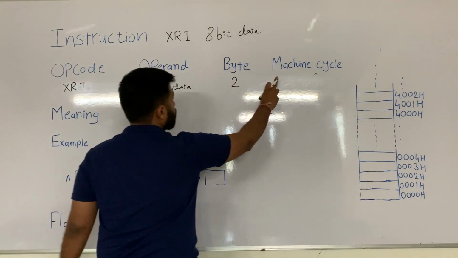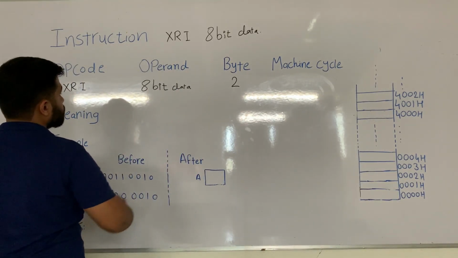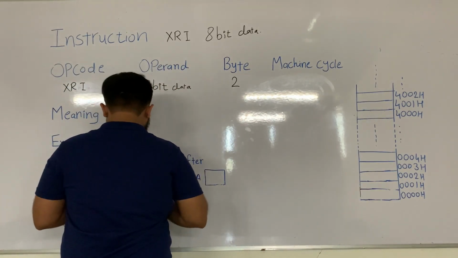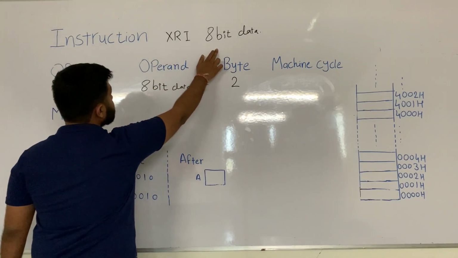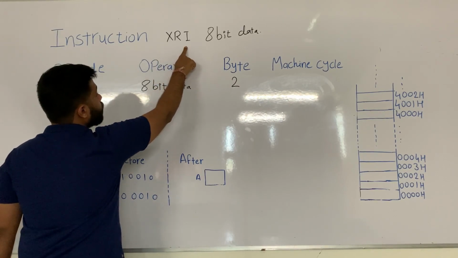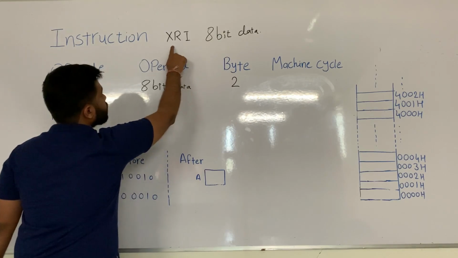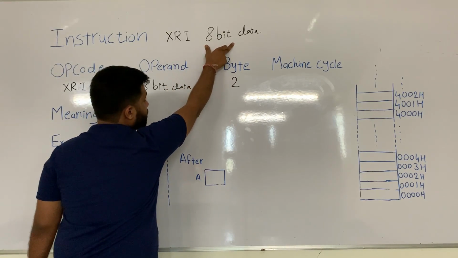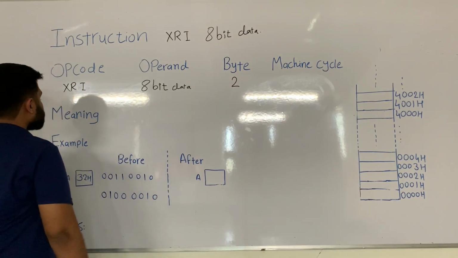The machine cycle we are going to see a bit later. Before that, let's see the meaning of the instruction XRI 8-bit data. XRI 8-bit means XOR immediate of 8-bit data with the accumulator, and the answer will be stored in the accumulator.